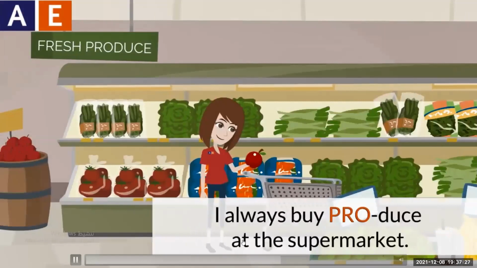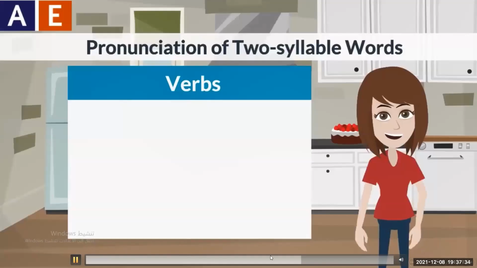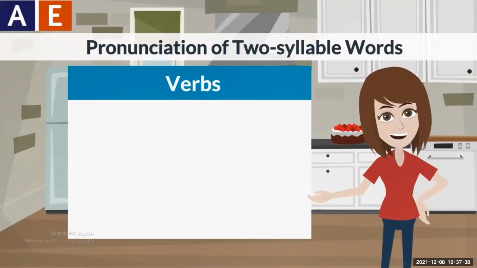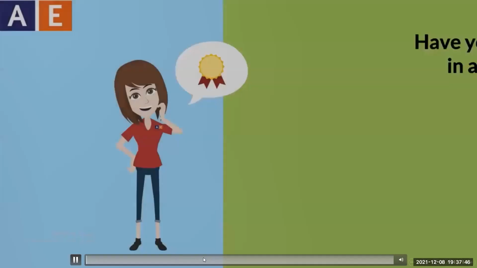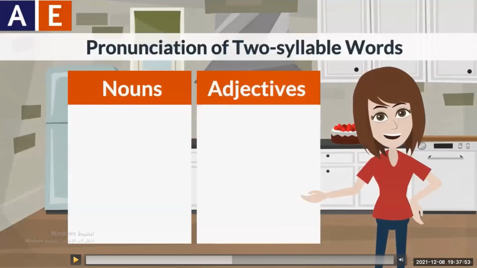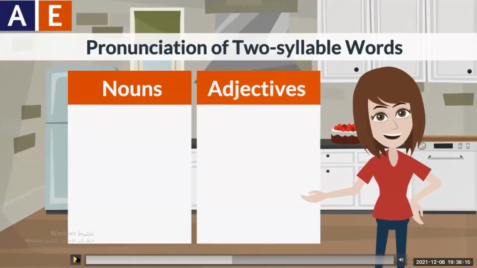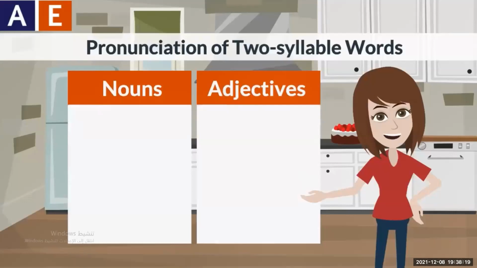I always buy produce at the supermarket. I wrote my friend's address on the envelope. Miss Hiba, please unmute yourself. Let's repeat contest. In the word contest, the stress is on the first syllable, CON. Is it a noun or a verb? A noun. Excellent, correct. And as a verb, where is the stress? At the beginning or at the end? At the end. Excellent. How do we say it then? Contest. Thank you, dear.